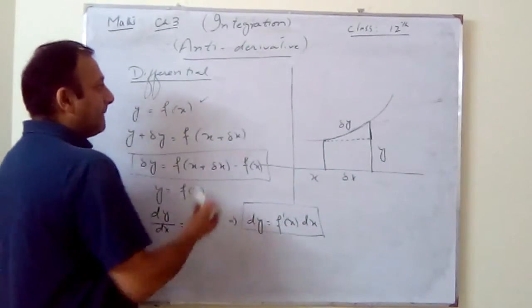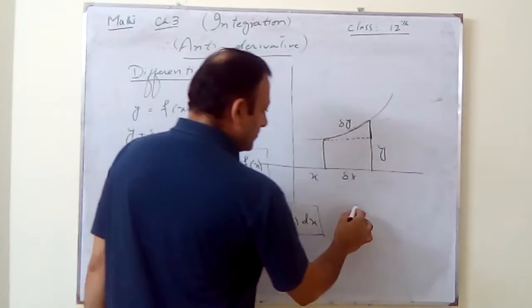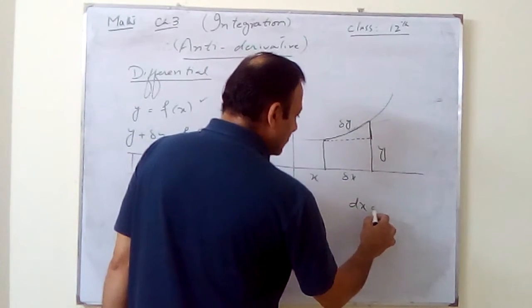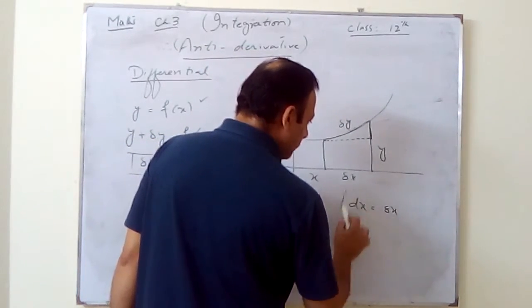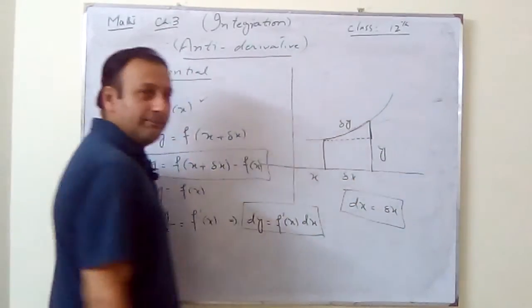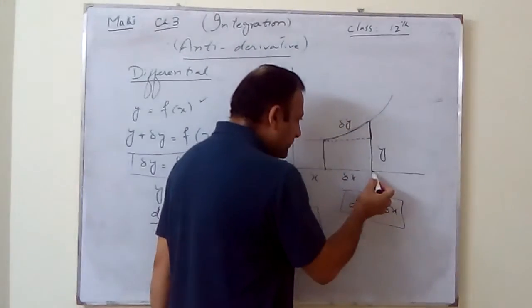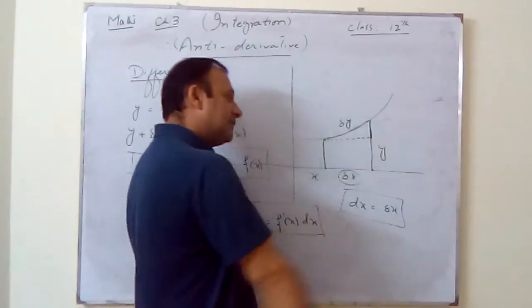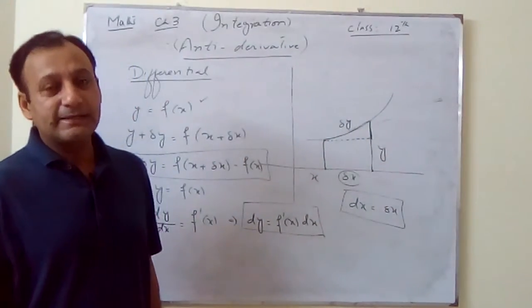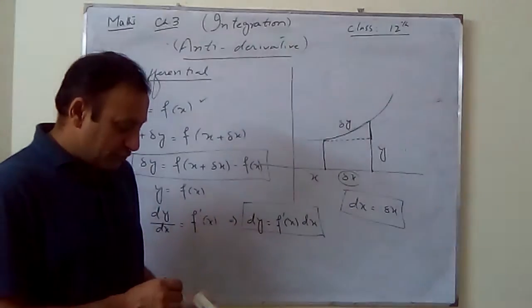And in this, keep in mind that dx and delta x both are the same, there is no change, because from this point to this point, whether it is delta x or dx, both are the same.